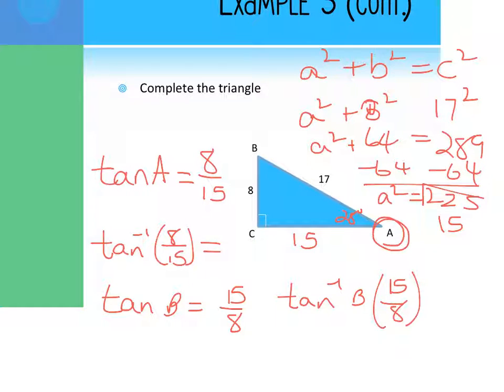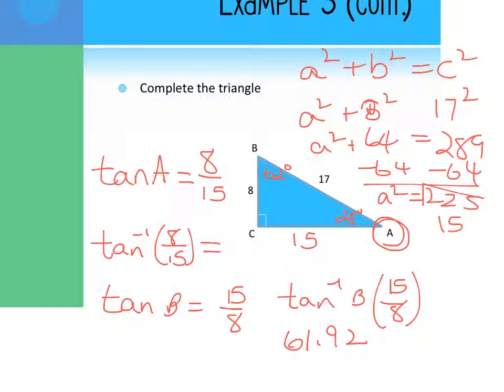When I did that on my calculator, I hit second, then tangent, and then 15 divided by 8, and I get 61.92. I'm going to round it to the nearest degree, so this will be 62 degrees.